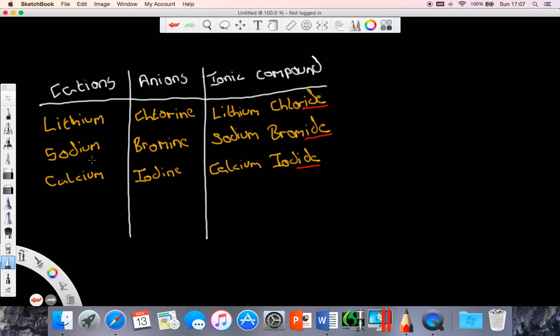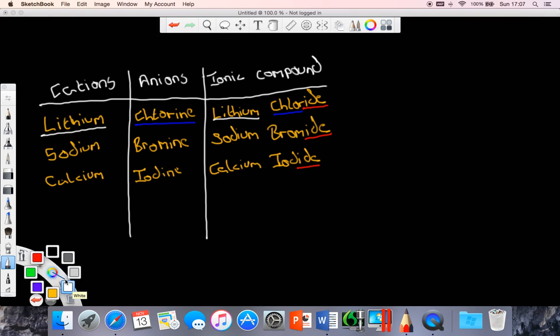You take the name of the metal or the cation, then the name of the anion. So we've got our cation, lithium, our anion, chlorine, and then we've added "-ide" on the end as a suffix to create lithium chloride.